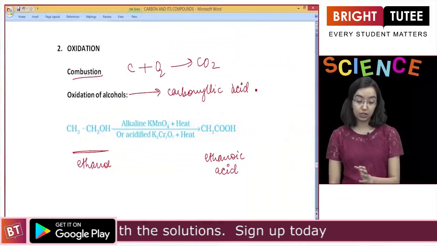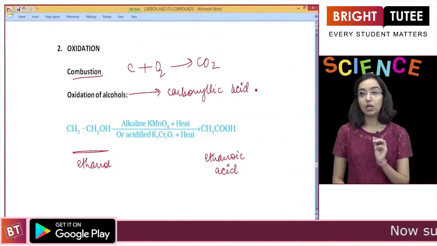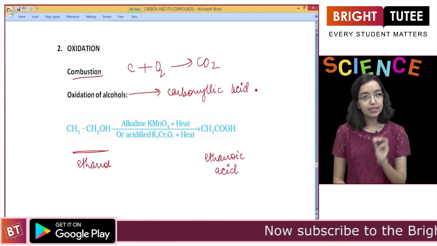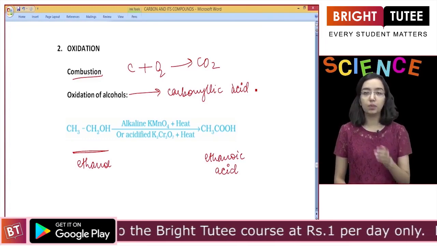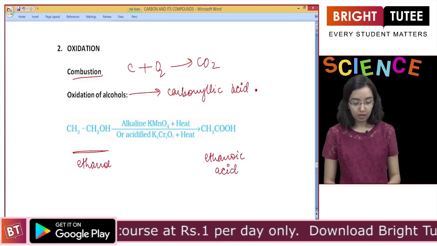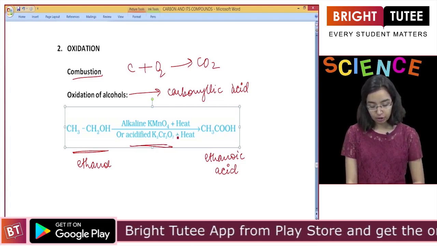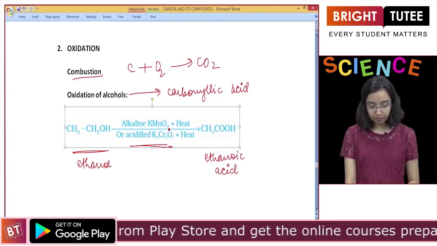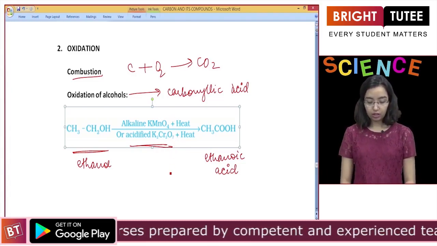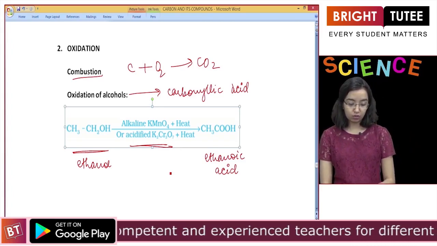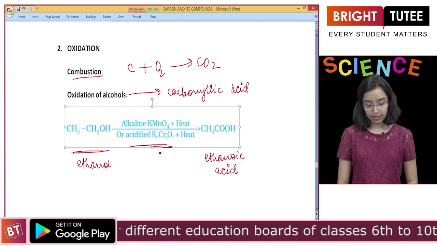Now, how does the oxidation take place? Alcohol will not convert to carboxylic acid on its own. It needs an oxidizing agent. An oxidizing agent is anything that helps in the addition of oxygen to one element but does not participate in the reaction on its own, right? So the oxidizing agents that we are using here are acidified potassium dichromate, K2Cr2O7, or alkaline potassium permanganate, KMnO4.